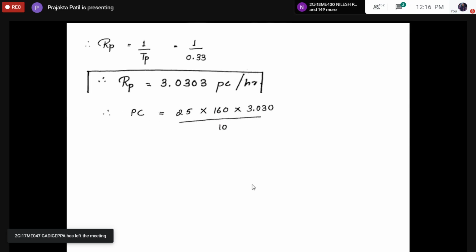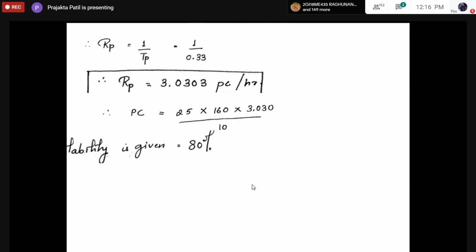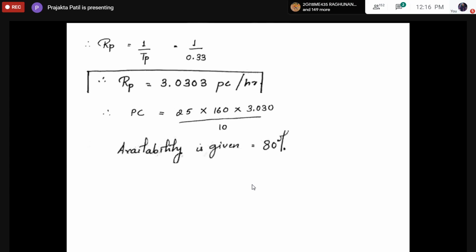N into SH into HSH into RP divided by N naught. 1212 pieces per month, without considering the availability.